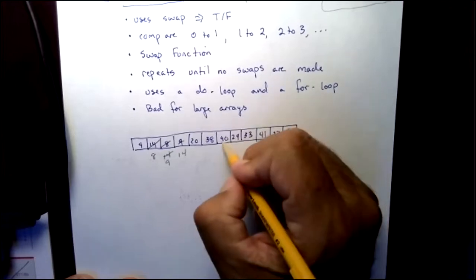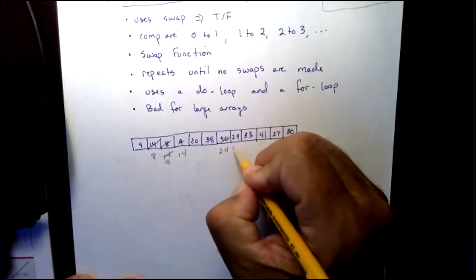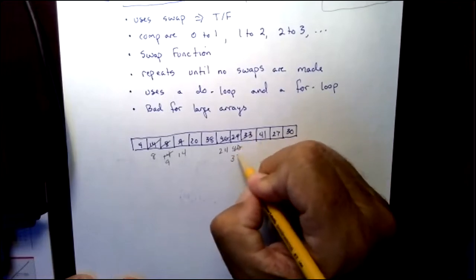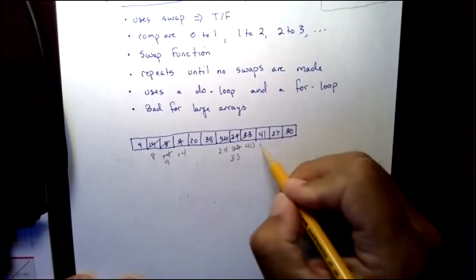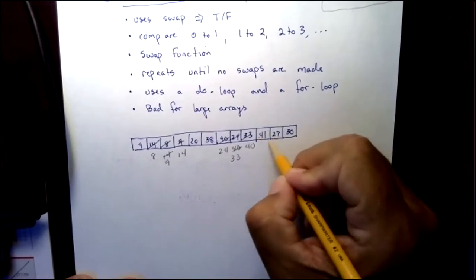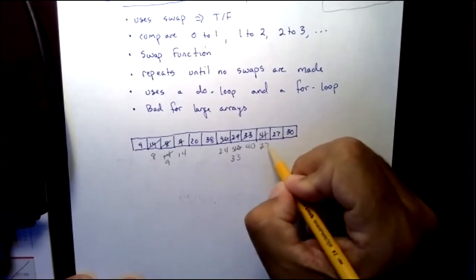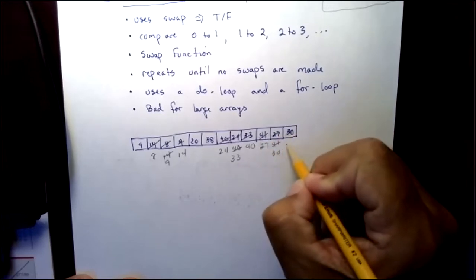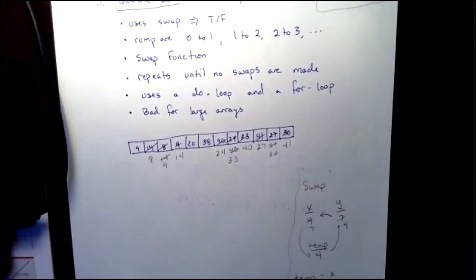No. 40 and 24 is a yes. 40 and 33 is a yes. 40 and 41 is a no. 41 and 27 is a yes. And 41 and 30 is a yes. So I went through, and it's still not sorted, but it's a lot cleaner than it was a moment ago.